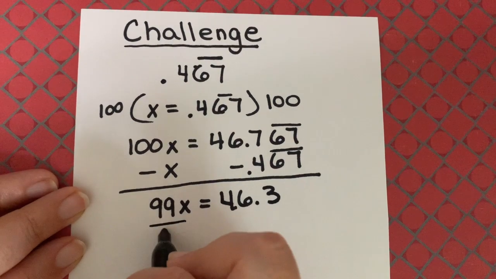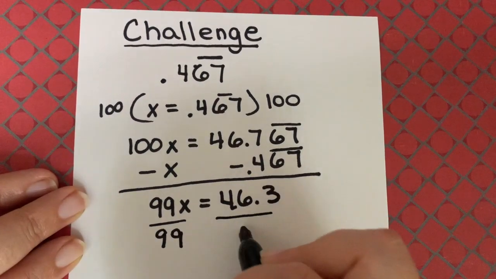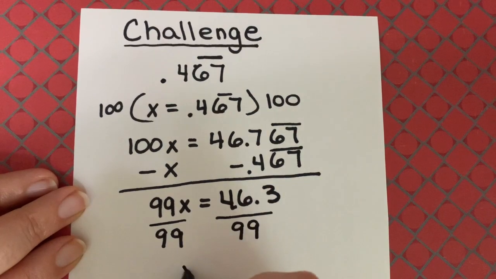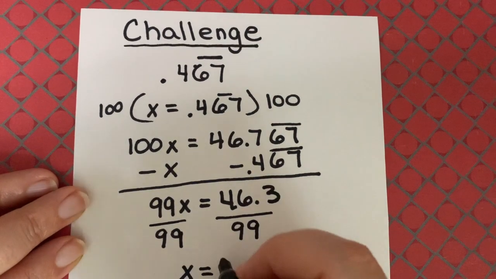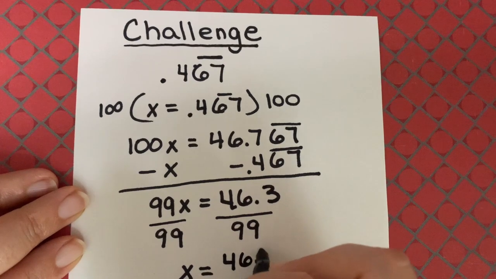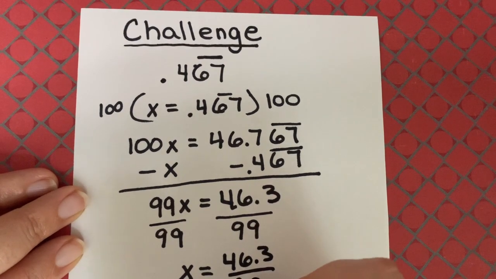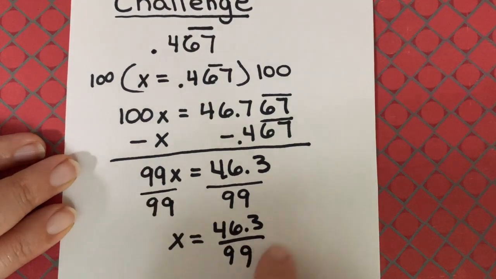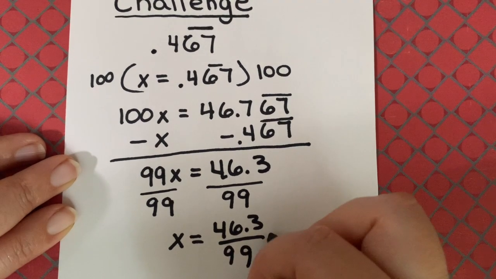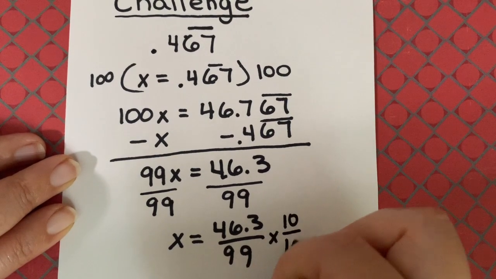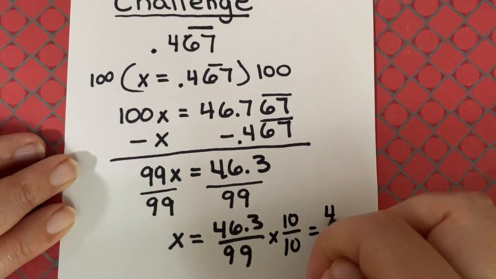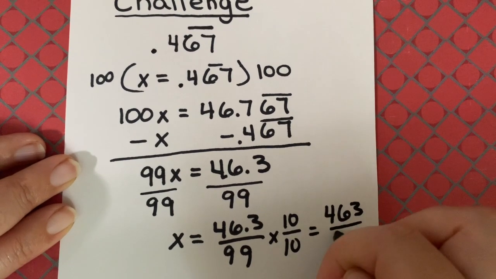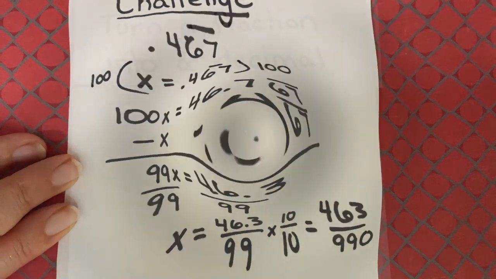And then we divide by 99. So x equals 46.3 over 99. But again, it doesn't look right because of that decimal, so we're going to multiply it by 10 over 10, and we'll get 463 over 990.